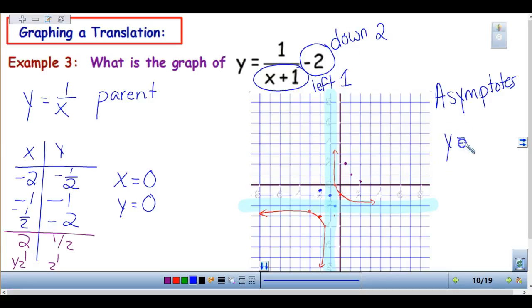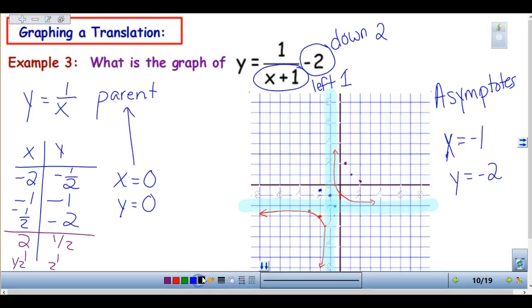So x equals -1, which is what I have here, and then y, if I go down 2, isn't that at -2? So y equals -2. This was for the parent, but now I've moved it, and so these are my new asymptotes.